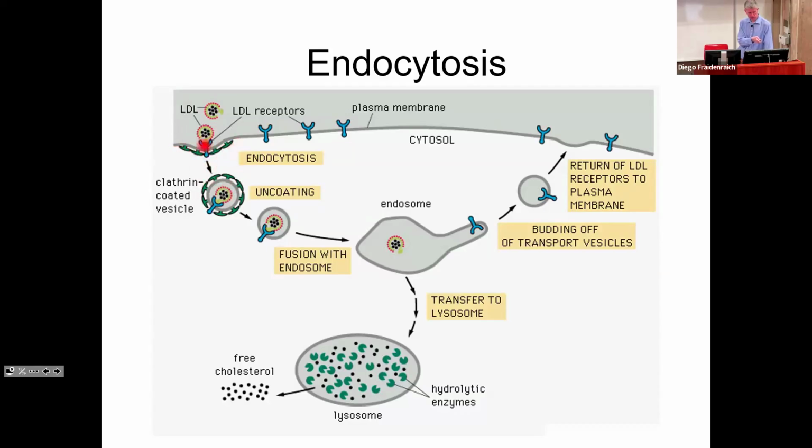So here vesicles are formed, and then this vesicle fuses with a precursor of the lysosome. In the lysosome, the vesicle is dissolved, and cholesterol is released. Before it fuses with the lysosome, the receptor, sorry, is recycled back to the plasma membrane.